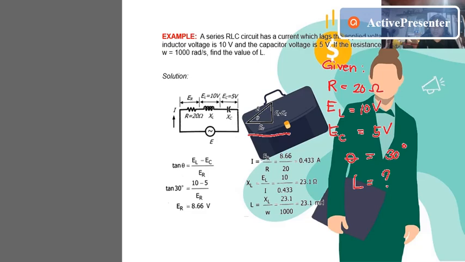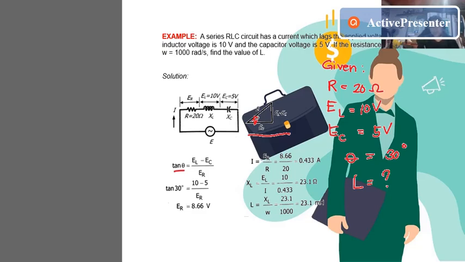So tangent theta. We have the angle theta equal to, so the tangent, what is it again? Opposite over adjacent. The opposite is EL minus EC, over the adjacent, which is the voltage drop of the resistor.